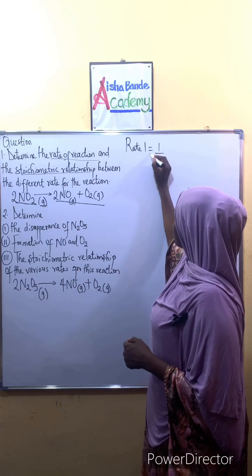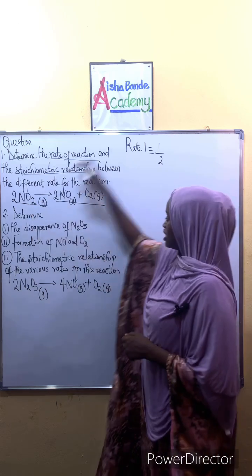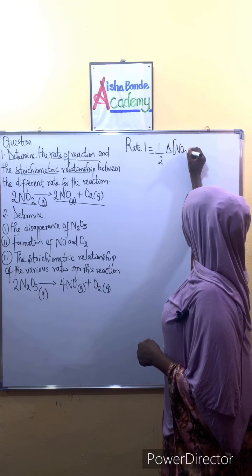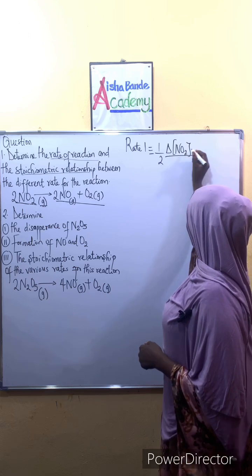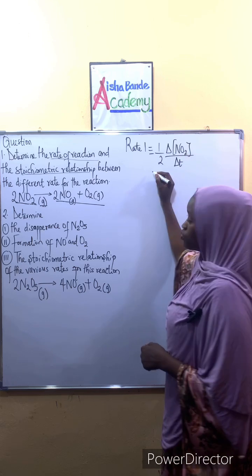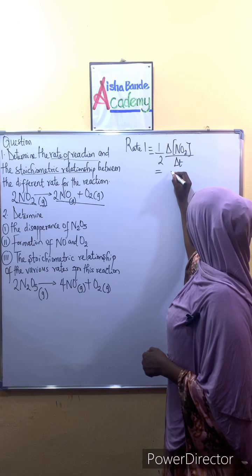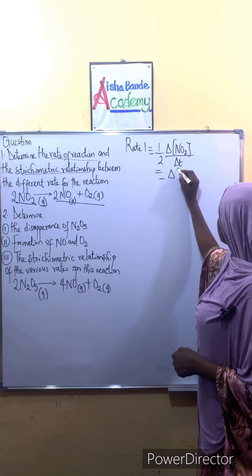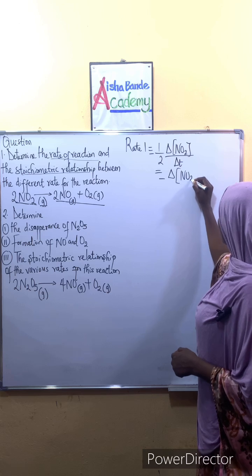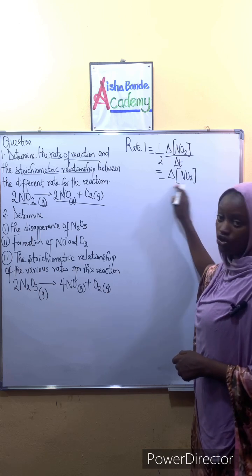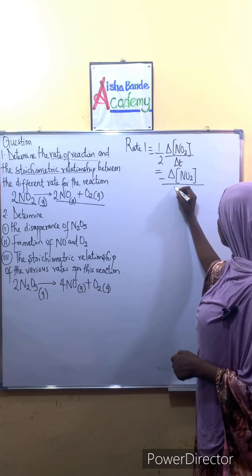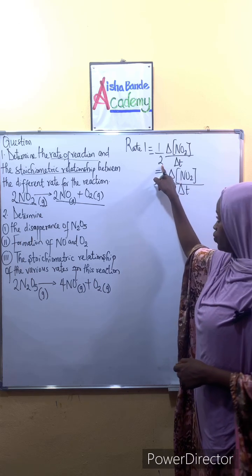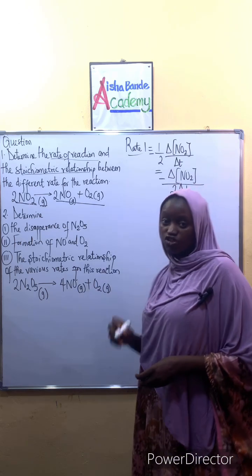But here it's going to be negative, because it's on the reactant side. So it's going to be the change in the concentration of the reactant, which is NO2, all over the change in time. When we simplify this, it is the same as saying the negative change in the concentration of the reactant NO2, all over 2 times the change in time, because of the 2 here. So this is rate one.